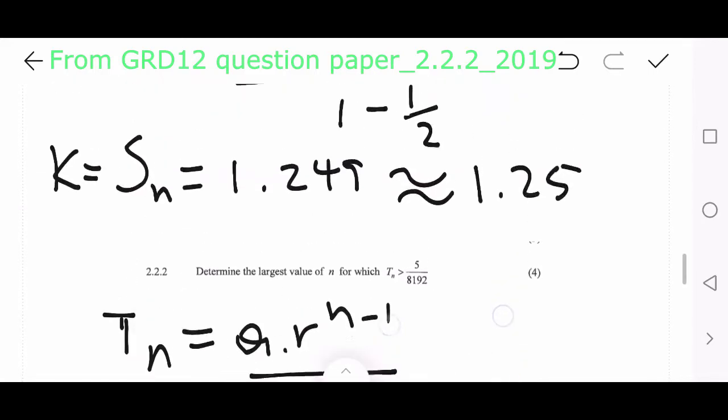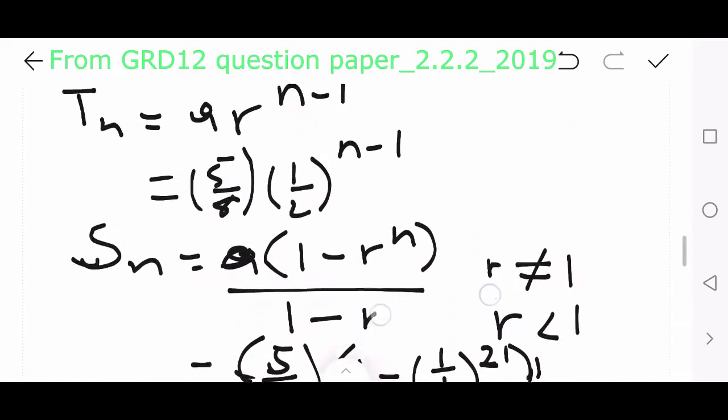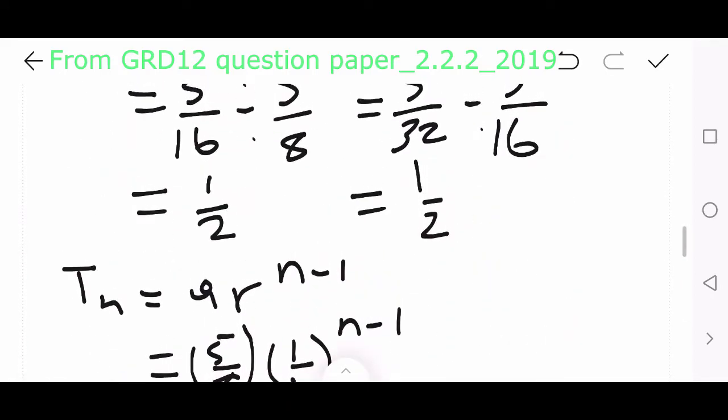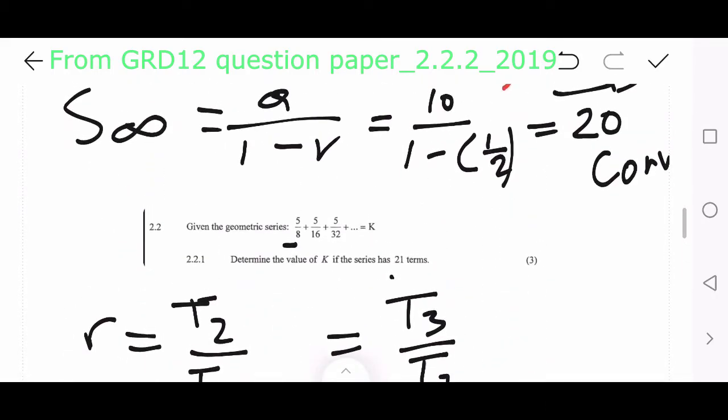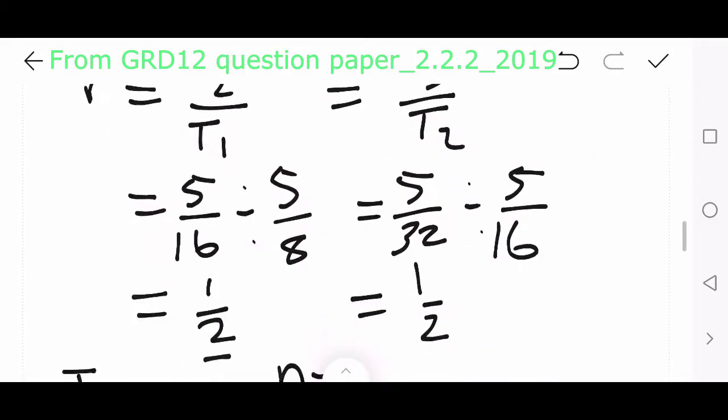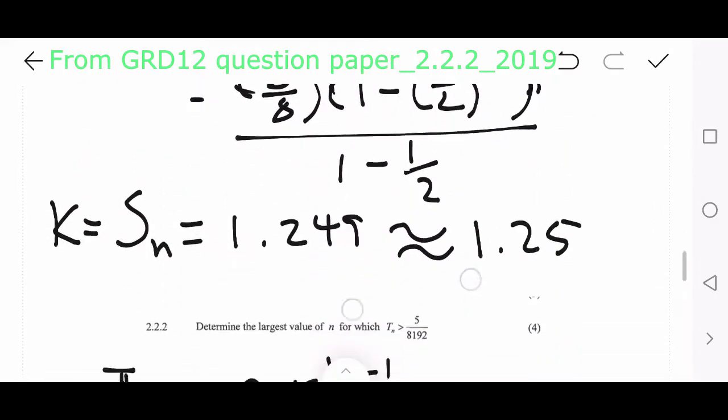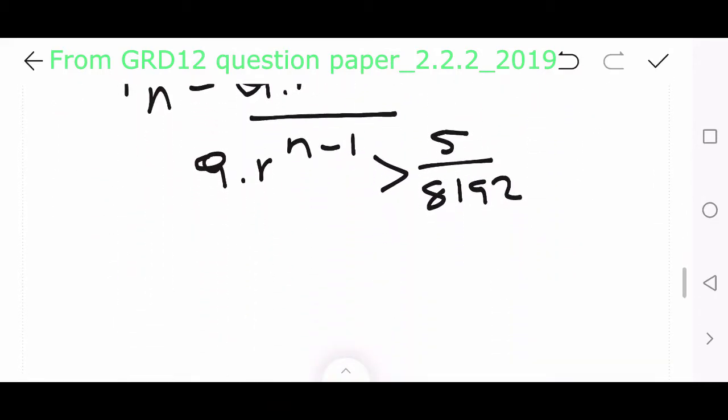And we know from the first question that our constant ratio is 1 over 2 and our first term is 5 over 8. So we can go ahead and substitute these values.